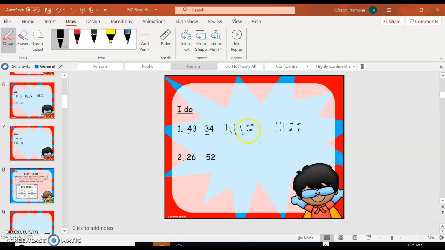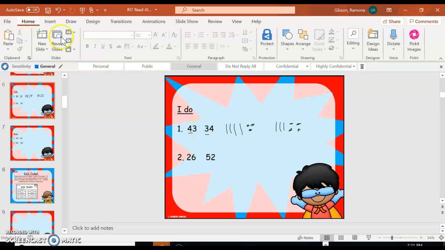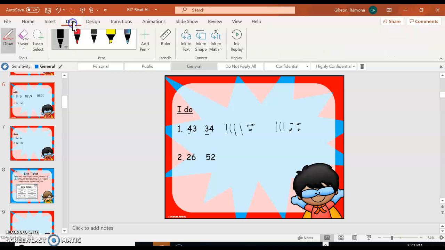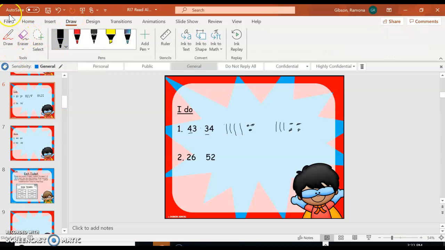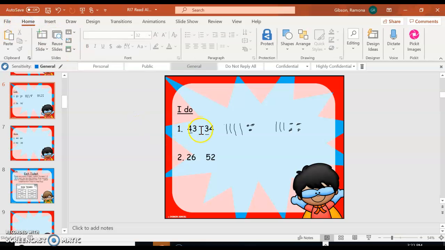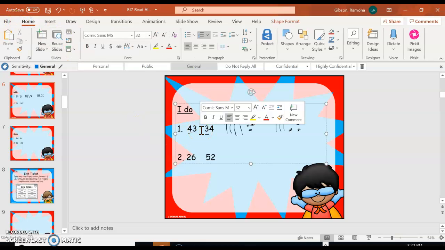So that means I'm going to use the symbol right here. 43 is going to be greater than the number 34.